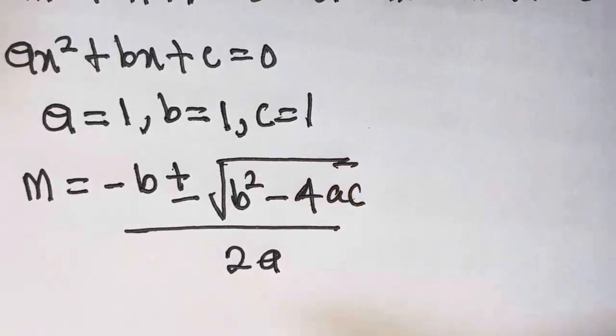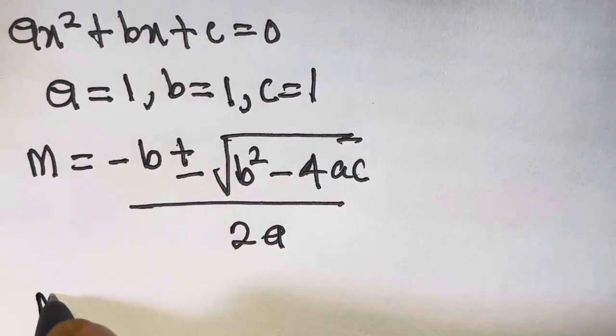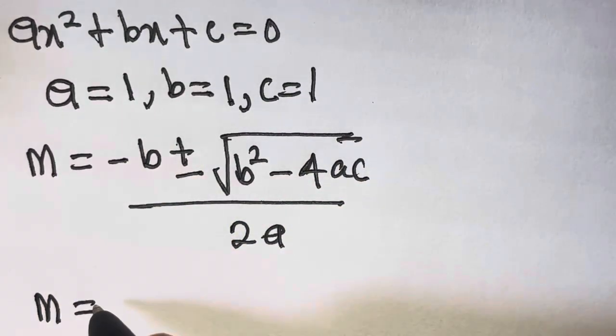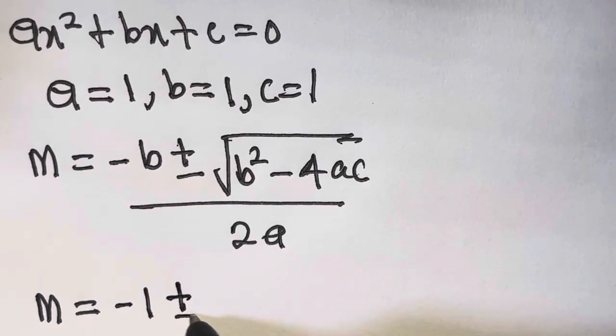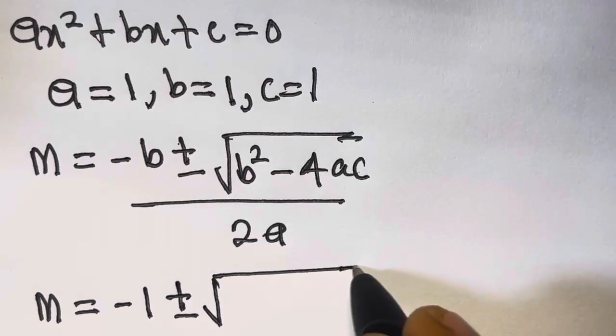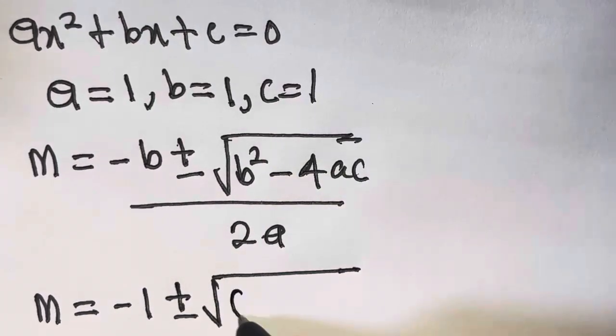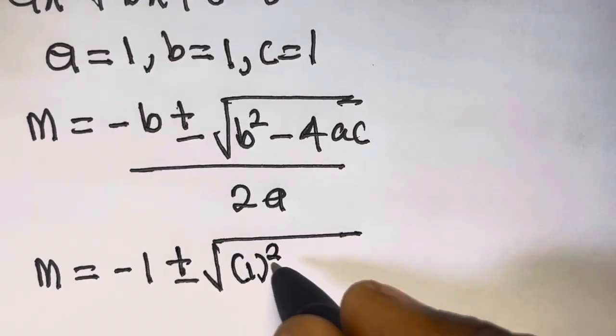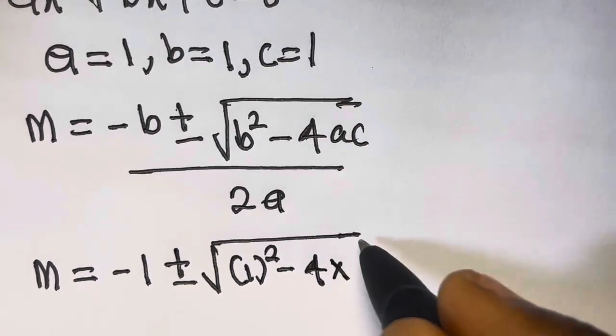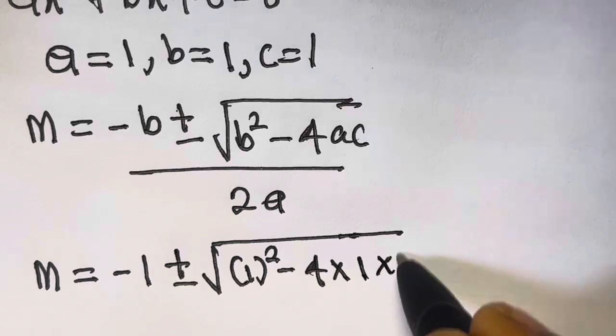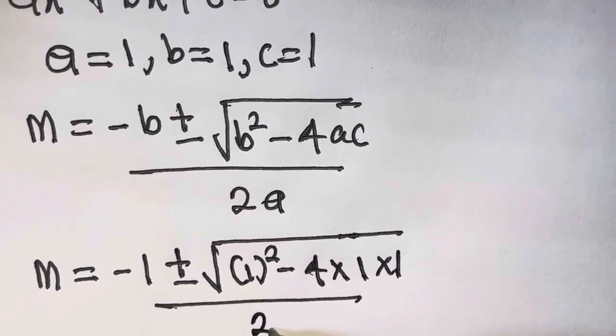Substituting into this formula, we have m equals minus b, so minus 1 plus or minus square root of b square, that is 1 square, minus 4 times a, which is 1, and c, which is 1, divided by 2 times 1.